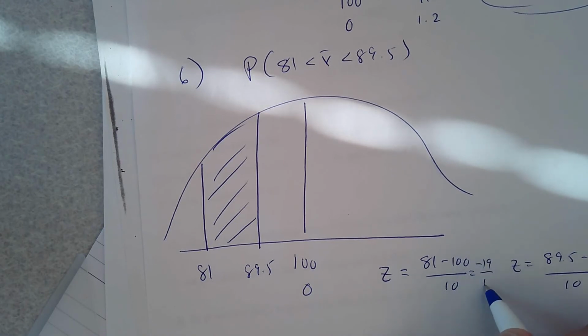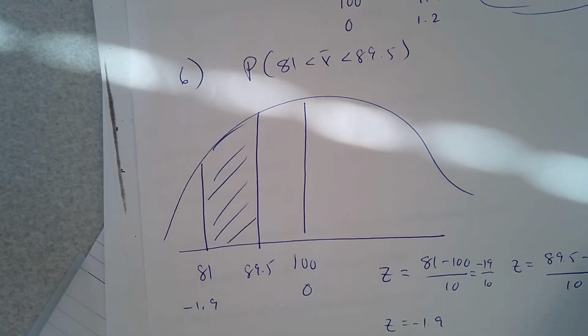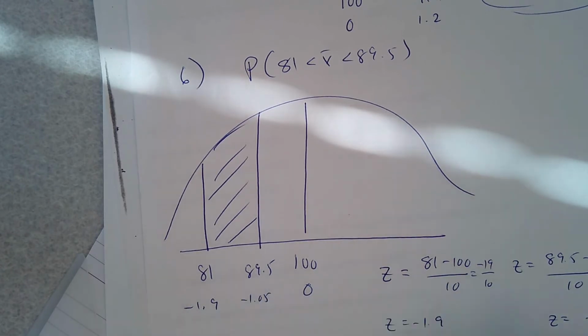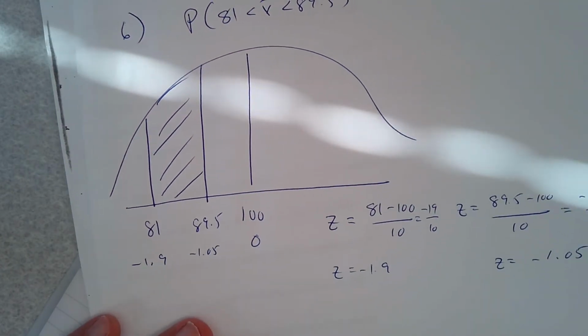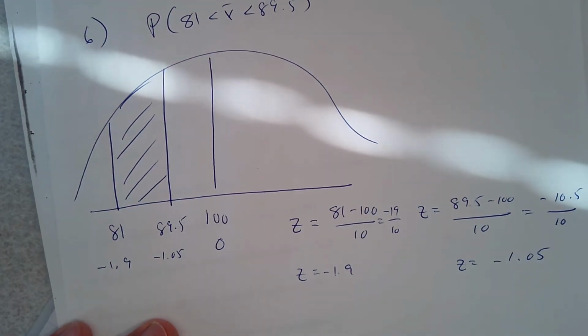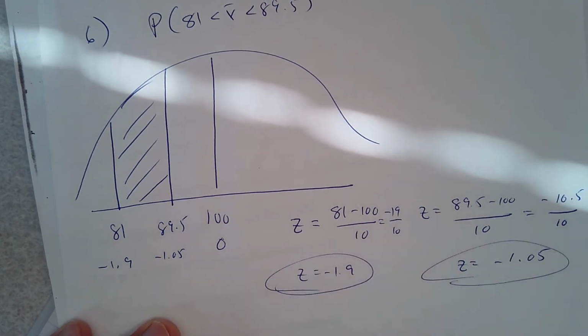So this is going to be a negative 19 divided by 10, which is a negative 1.9. And over here, if we subtract, it's going to be negative 10.5 divided by 10. So that z-score is going to be a negative 1.05. Once we get these two z-scores, then we look them up in the table.